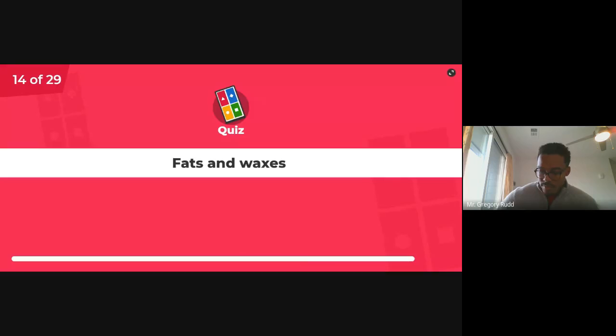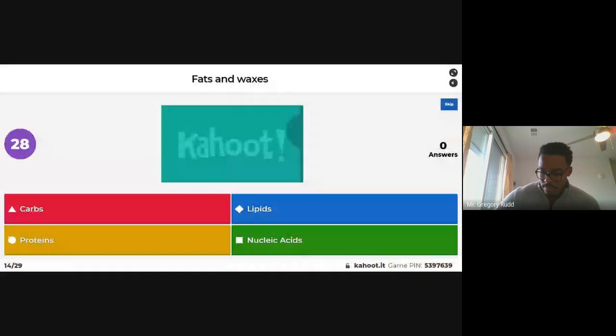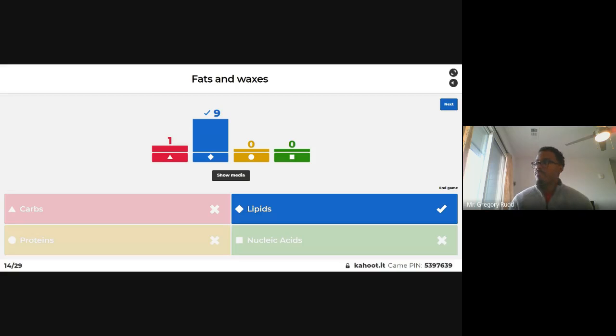What are they examples of? Fats and wax, or they're lipids. Good.